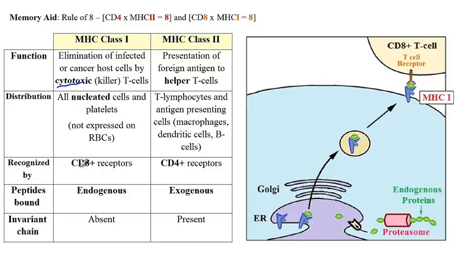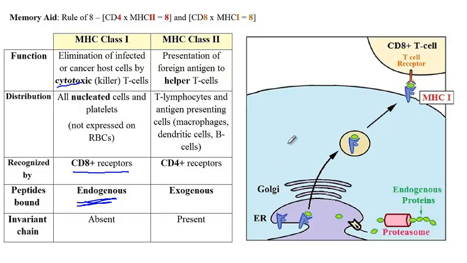So here I've shown you that this type of MHC1 is used for elimination of infected or cancer cells that are recognized by CD8 positive T cells, which is the same as cytotoxic killer cells. The reason we say that the peptide binding here is endogenous is that the protein that will bind to MHC1 and is expressed on the cell surface has been produced by the cell itself. It's not like the cell has picked up an antigen.